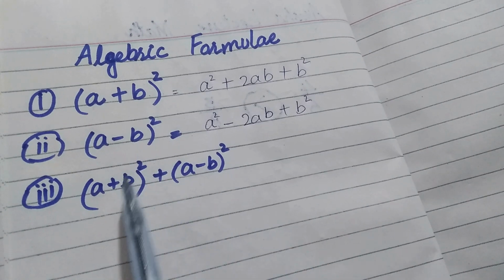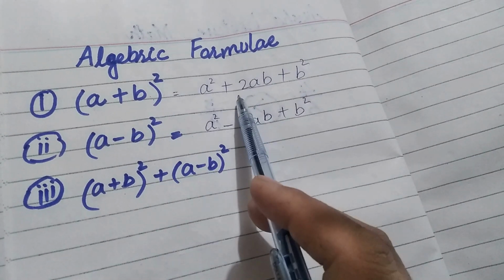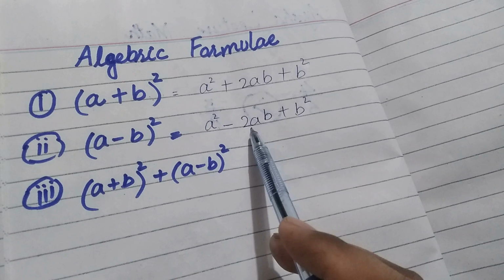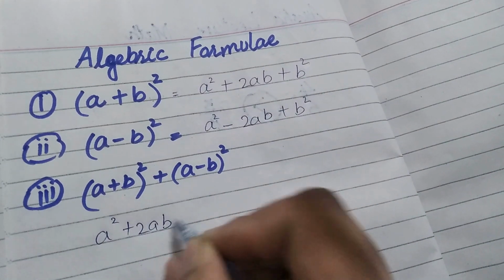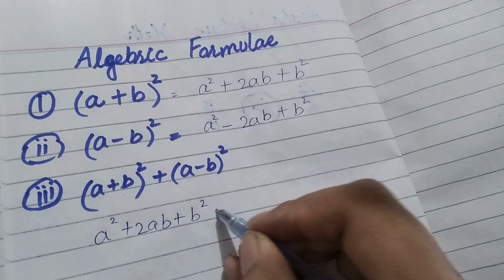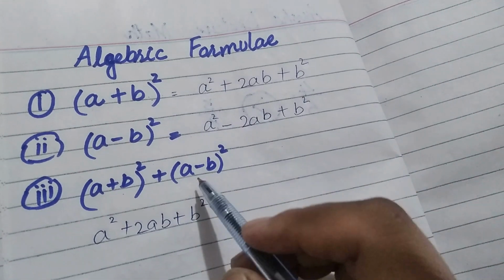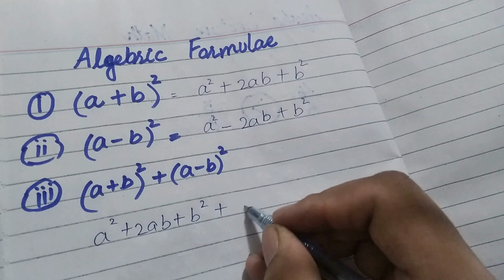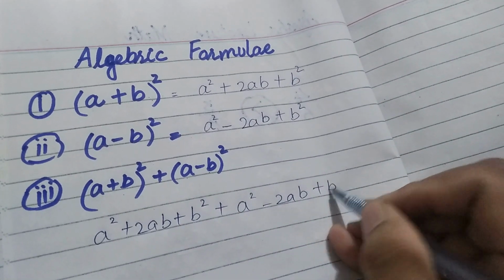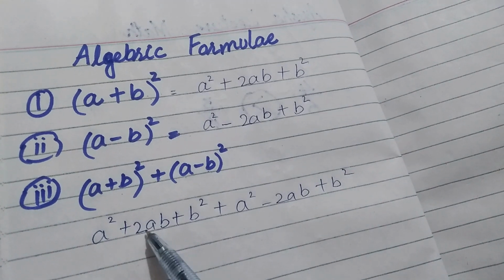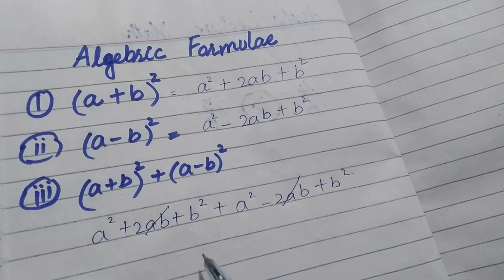If I write here the values of (a plus b) whole square and (a minus b) whole square: a square plus 2ab plus b square, plus a square minus 2ab plus b square. Look, plus 2ab minus 2ab cancel out.